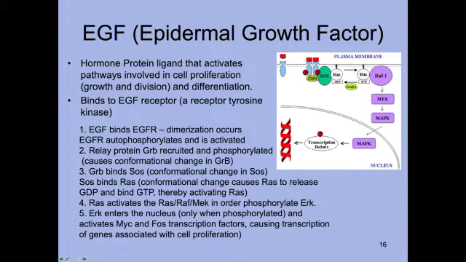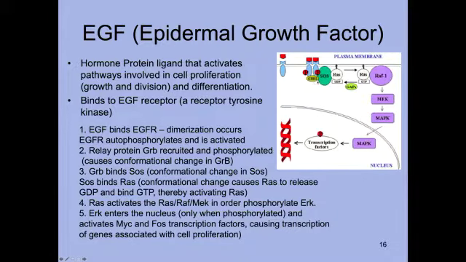And our first relay protein in this pathway is called GRB2. GRB2 will recruit a second protein called SOS. So we have down here on the left in written form the series of proteins. GRB, which is GRB2 in here, that's the same protein, will recruit and phosphorylate our SOS.